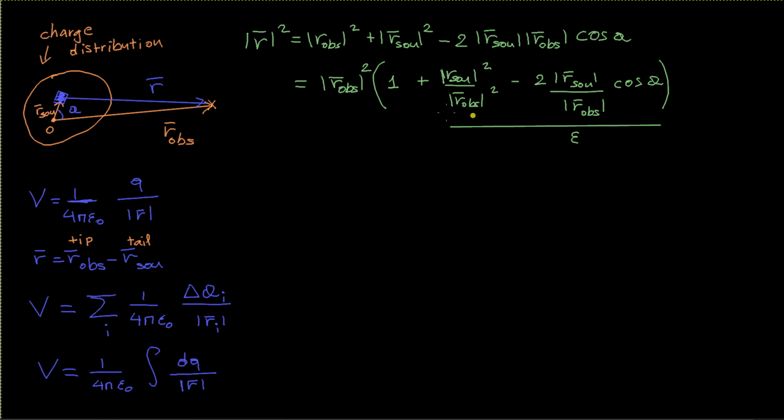If I can say that this thing that I call epsilon is small, and when I say small, compared to what? It has to be compared to the number next to it. If epsilon is small compared to 1, then it is safe to say that the relative position vector, whose magnitude I need in the integration, is just a little bit different from r obs, the vector that goes from the origin to the observation location.